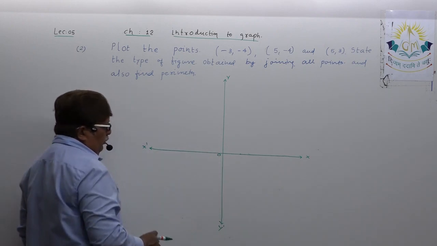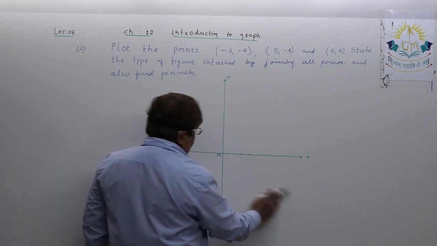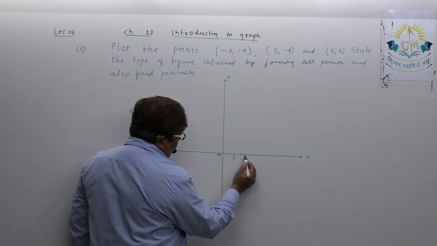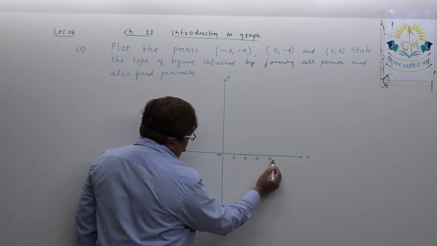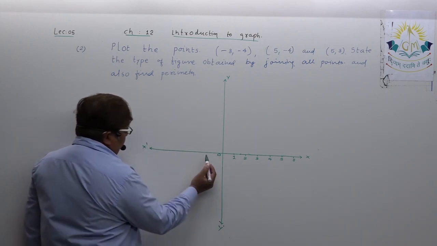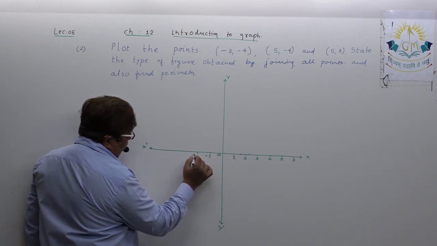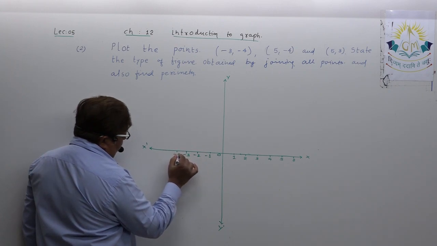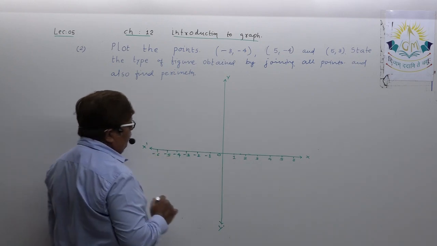This is origin. Positive x coordinates here: 1, 2, 3, 4, 5, 6, whatever availability. Then here negative x coordinates: -1, -2, -3, -4, -5, -6.